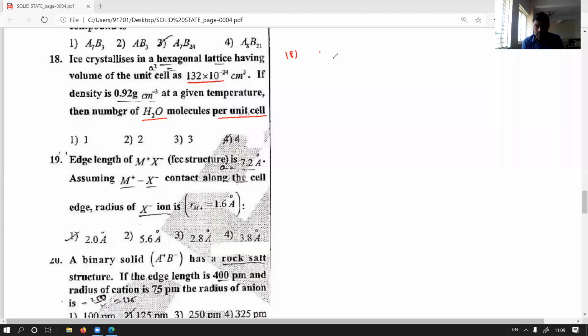We know that density of unit cell is equal to Z into M by a cube into Na. Okay, so this is the formula. In this formula, we have to calculate the Z value. For this, given D is equal to density, how much did they give? 0.92 gram per centimeter cube, and mass M is equal to 18.